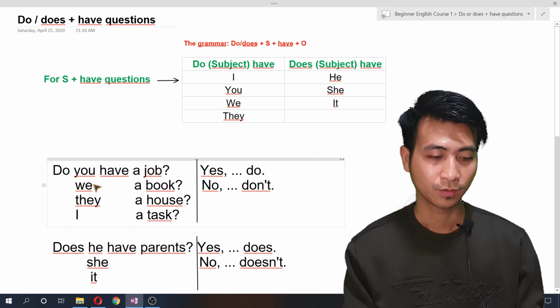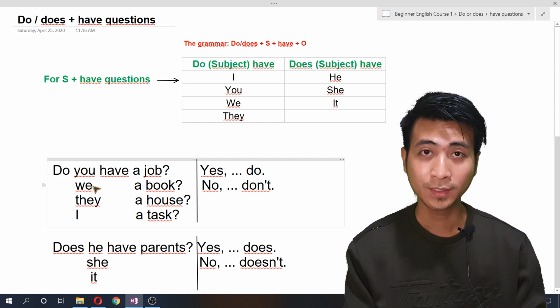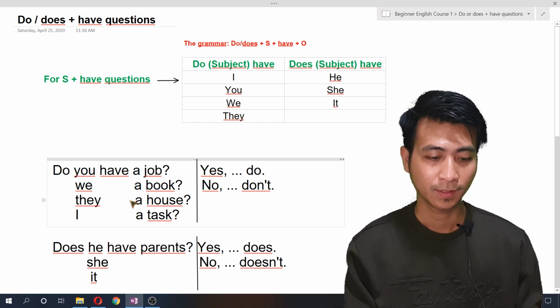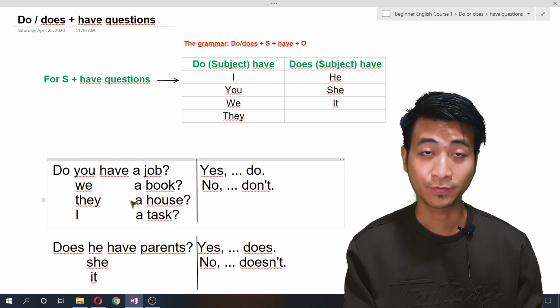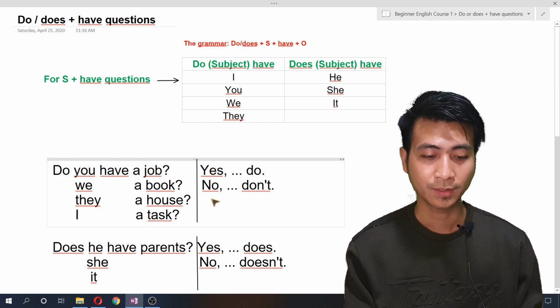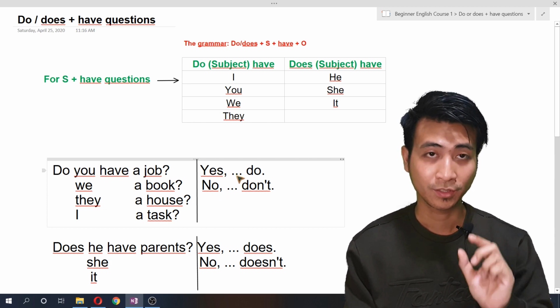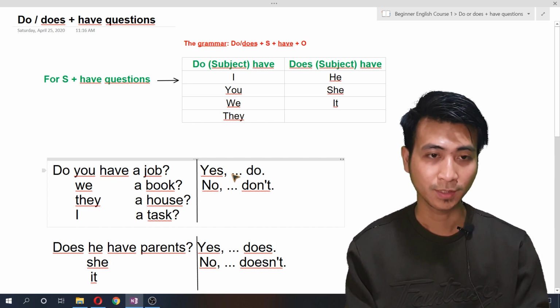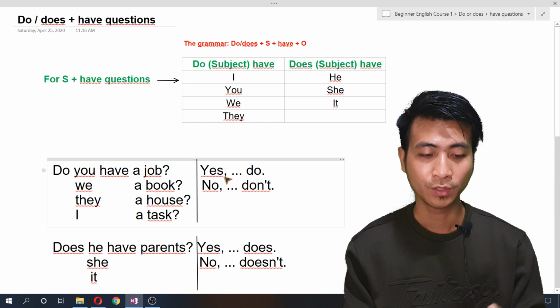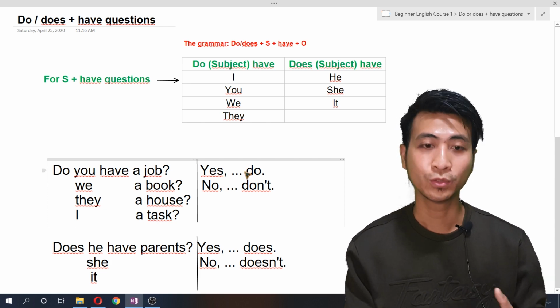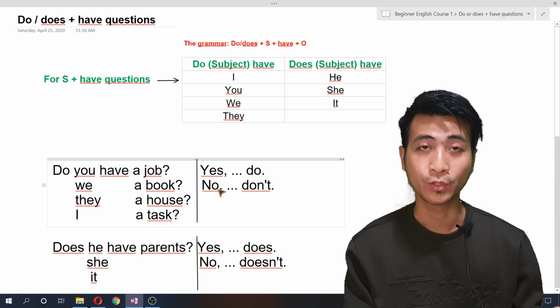Okay, next we are going to use the subject we. Do we have a book? It's the same as the first sentence. You can answer yes or no. We just put the subject again, matching the subject in the question. As we know, the subject is we, so we answer yes we do or no we don't.